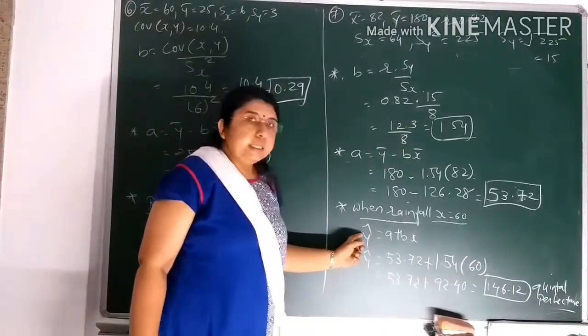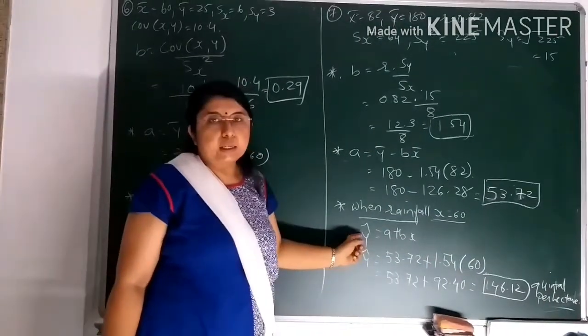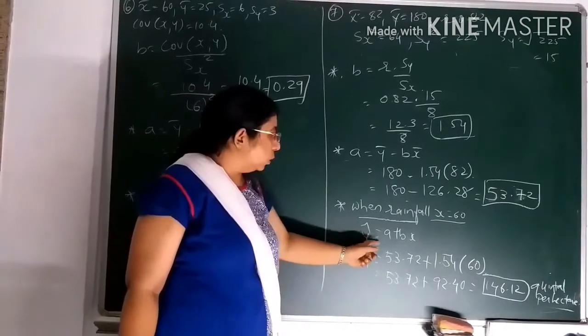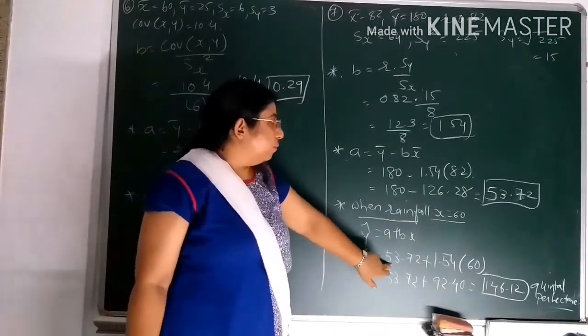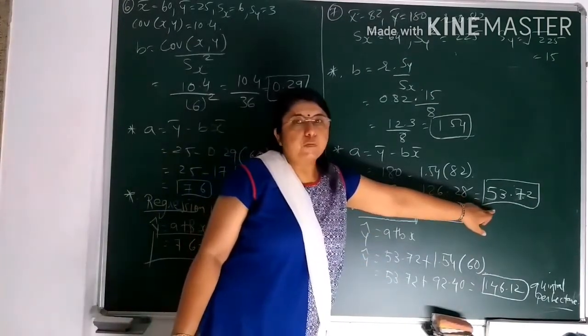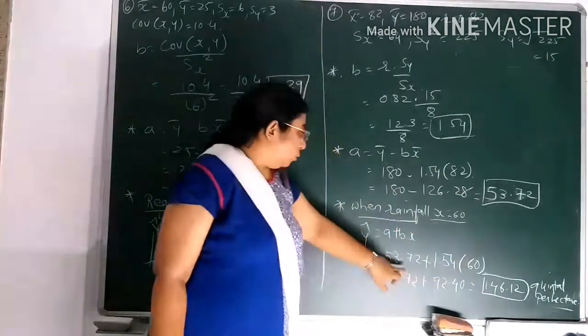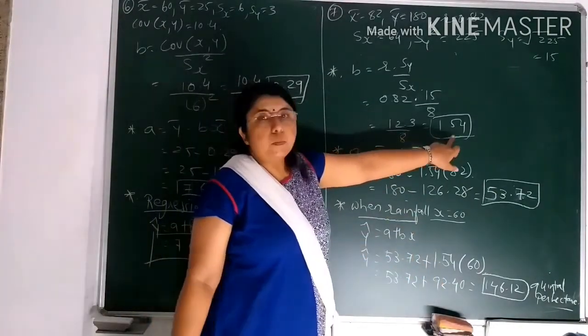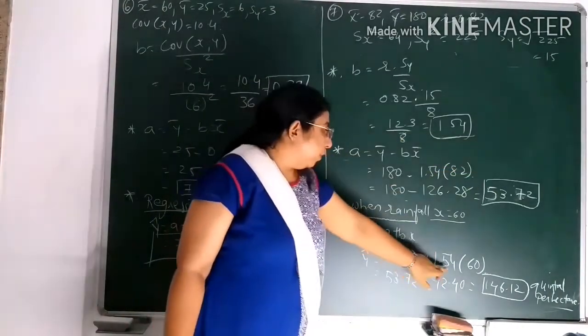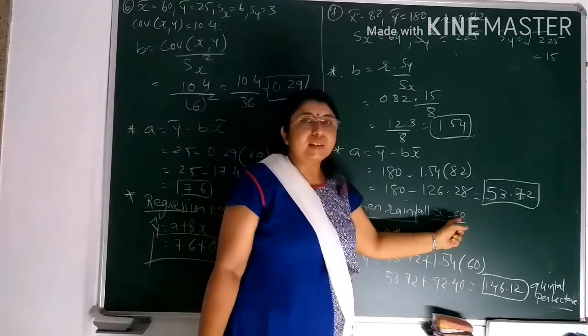Now you know the estimated value formula of Y, that is the estimated value of Y is equal to A plus BX. So the value of Y cap is equal to A. What is the value of A that we have found out? That is 53.72. So 53.72 plus the value of B that we have found out, that is 1.54, and the X value that we have to place is 60.